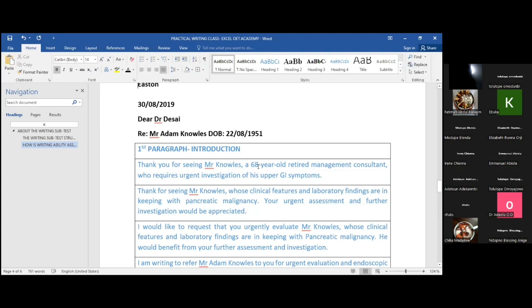a 68. Now look at this. There's a dash, year, dash, old, okay, retired management consultant. Look, there's a comma here. So these punctuations are very important. So I didn't just say, thank you for seeing Mr. Knows, comma, a 68-year-old management consultant. I put a comma again. So whenever you are giving the age and probably the occupation, okay, or I can just say a 60-year-old man.